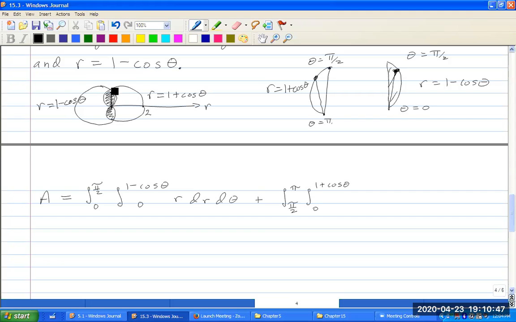This part on this side looks like this part of the cardioid. So that's why I've had these 2 integrals. Then this is going to look like this part of the cardioid. Okay, so now this is an r dr d theta plus, let's do the other part.